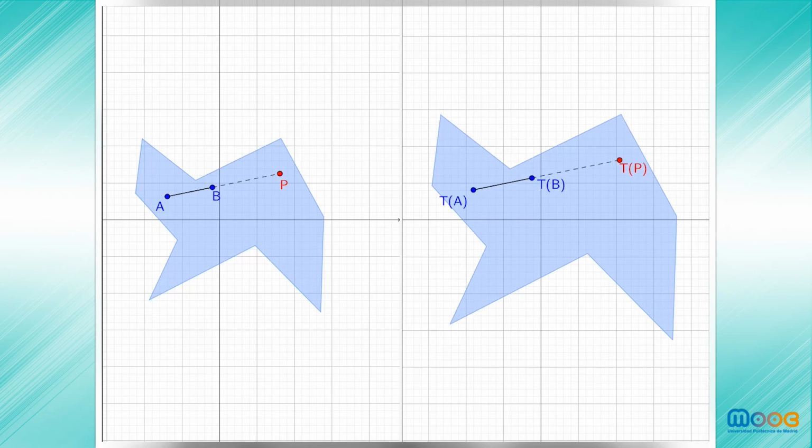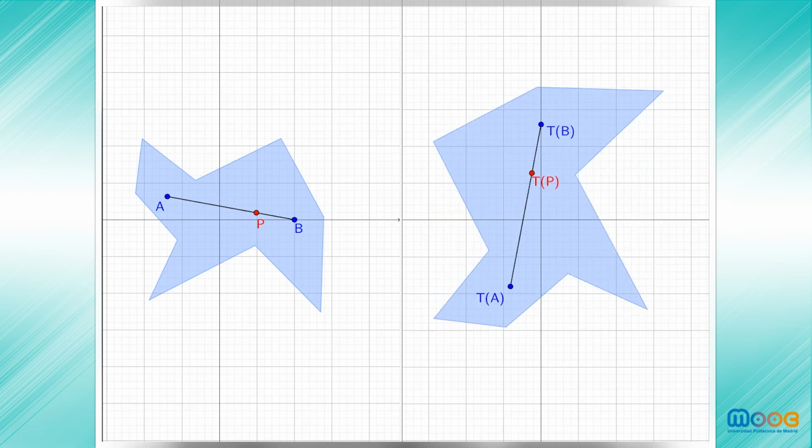And still, even though the segment TA-TP is of different length than the segment AP, the point TP is in the same affine combination of points TA, TB as P is of points A and B. And this is true even if we change the position of the point P, for example, to this position, or the point B. We can also rotate the figure, and again, TP, TA, and TB are collinear, and TP is the same affine combination of points TA, TB as P is of points A and B. And also, if we translate the figure.